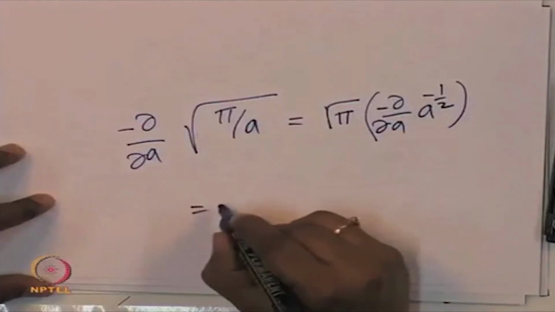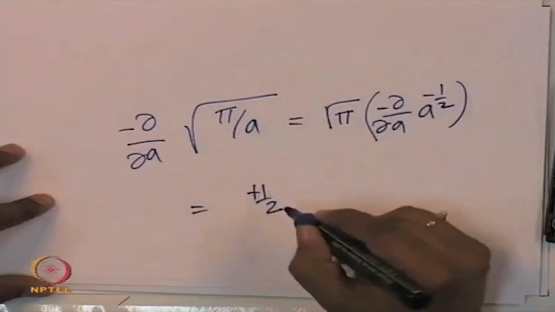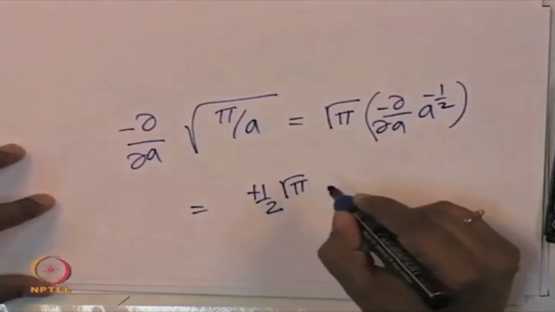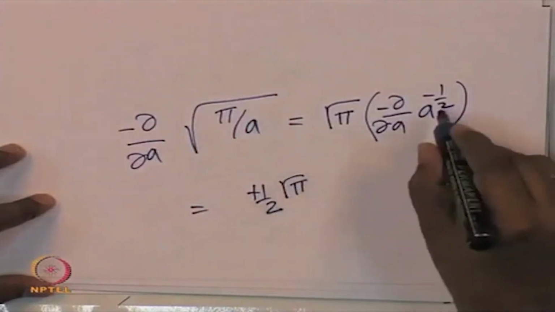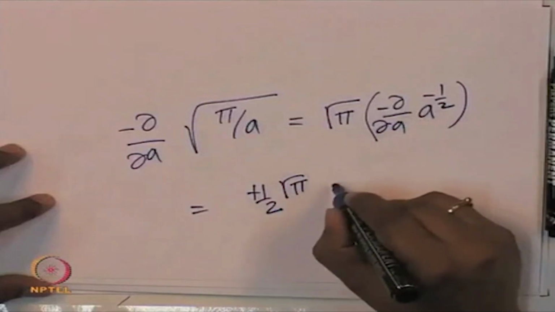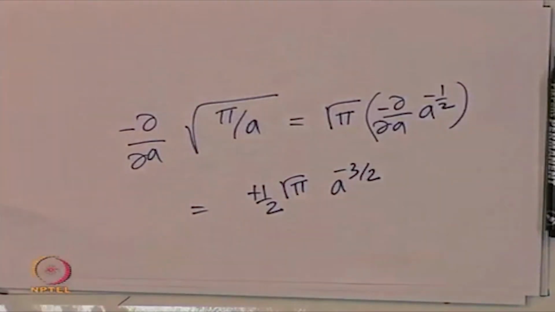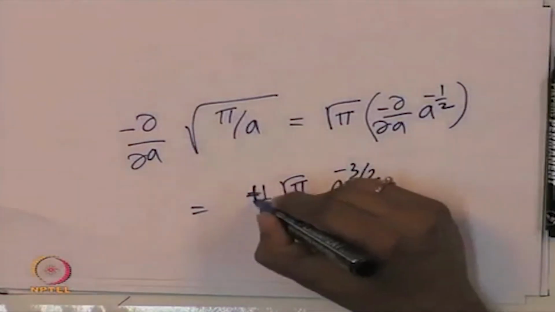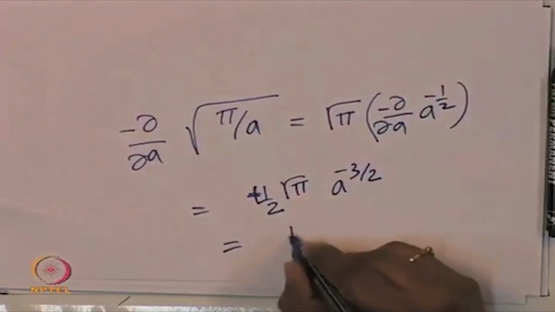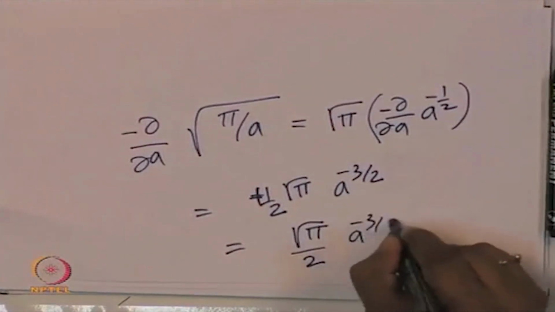It is basically minus half, with the minus sign here, so plus half root pi into a power minus 3 by 2. This is the answer, with a plus sign here. So, it is basically root pi by 2 into a power minus 3 by 2.